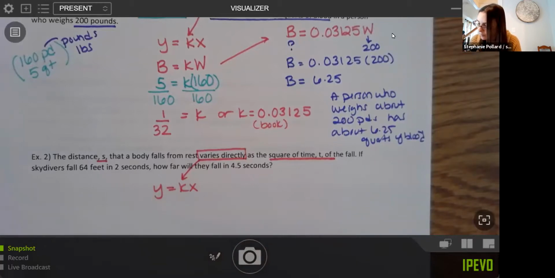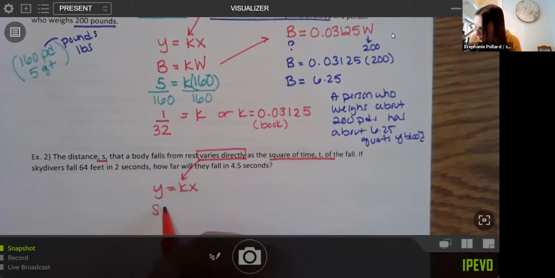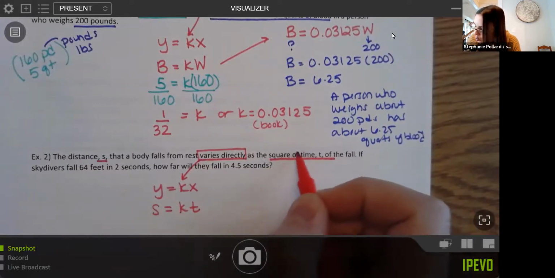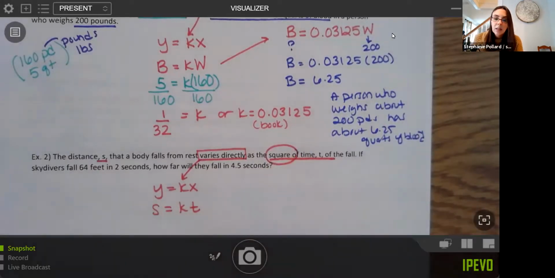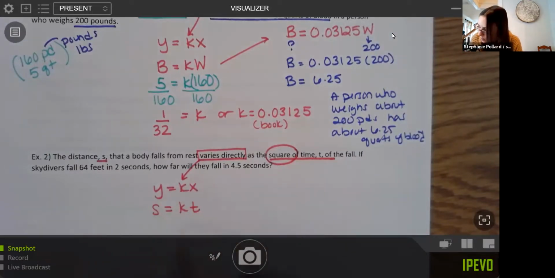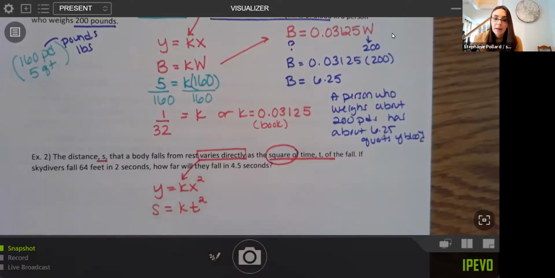We've got to be a little bit careful. We are changing variables, so we're using s instead, and we're using t, but it's not just time t. See how now it says the square of time t? So instead of just using an x here, we're actually squaring it. So it should look like this in our formula.